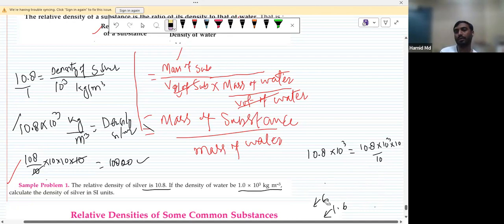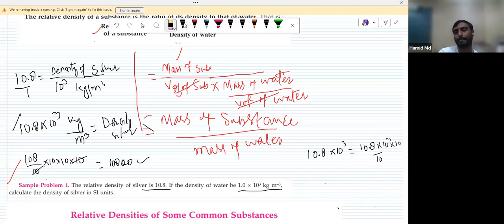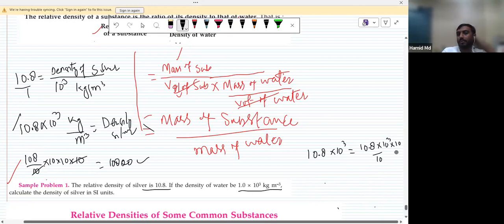Why did we add another 10? I have just multiplied it by 10 and divided it by 10. If we divide 10 over 10, how will it be? It will be 1.